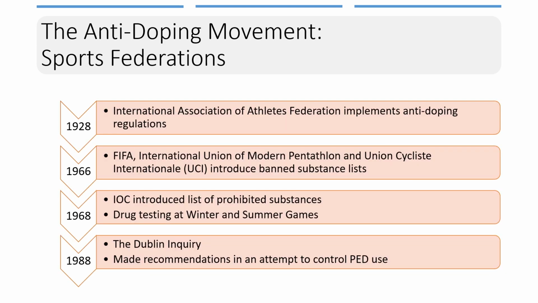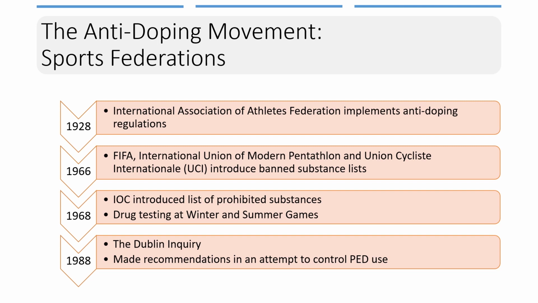Now, the development of the World Anti-Doping Code was driven by a series of events that highlighted the urgent need for standardized anti-doping measures. Way back in 1928, the International Association of Athletics Federations, the IAAF, became the first sports organization to ban doping, even though, as we discussed, at the time they didn't have any means to test. Right?